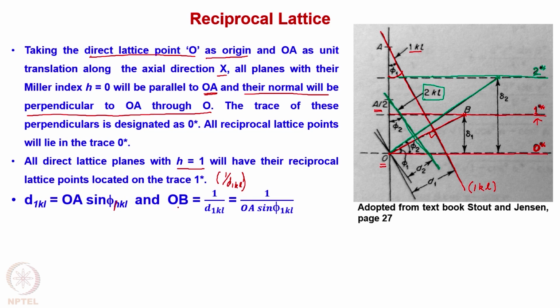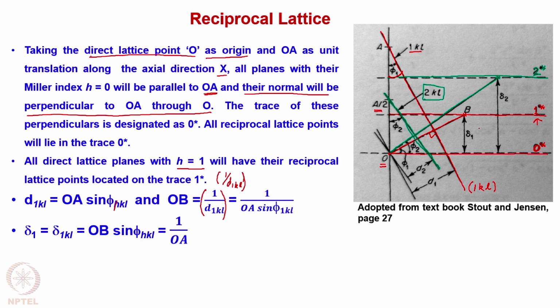And similarly, OB is a distance which is 1 by d1KL, right? We cut this normal at point B, which is at a distance 1 by d1KL. So OB is equal to 1 by OA sine phi 1KL.